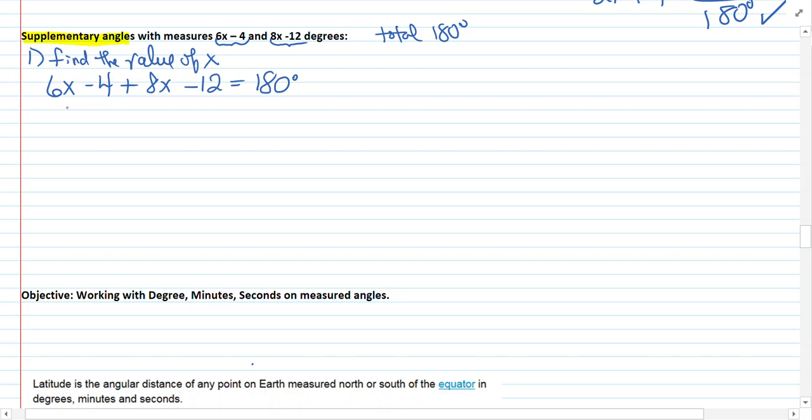I'm going to combine like terms, so I have 6 and 8 is 14x. Minus, because those are two negatives, I add and keep the sign.